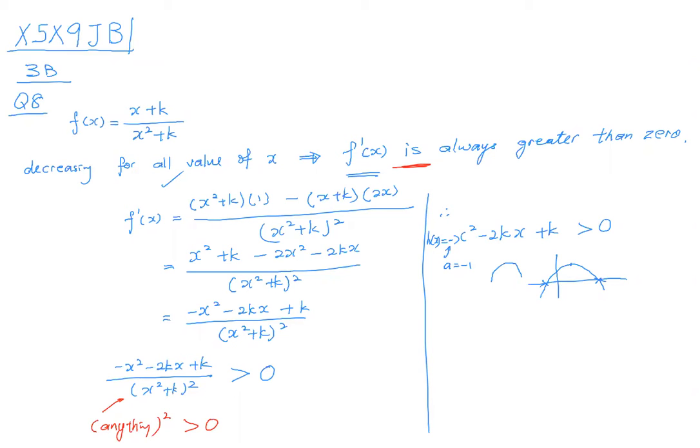So that means it must have, so that means, which means that your determinant b squared minus 4ac must be greater than 0. Agree with me? Anyone? Okay, so your b squared minus 4ac must be greater than 0.